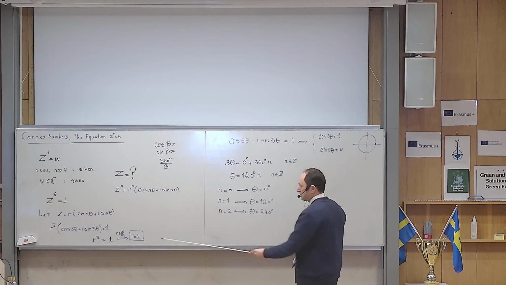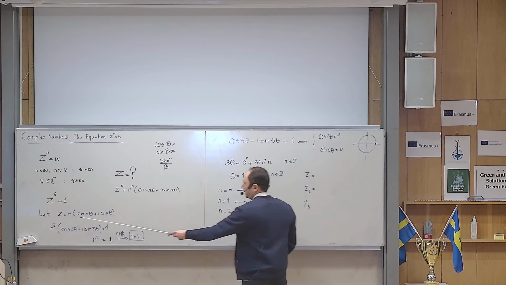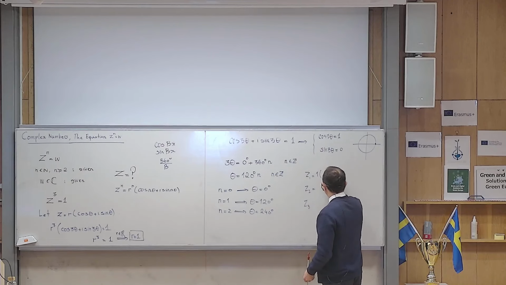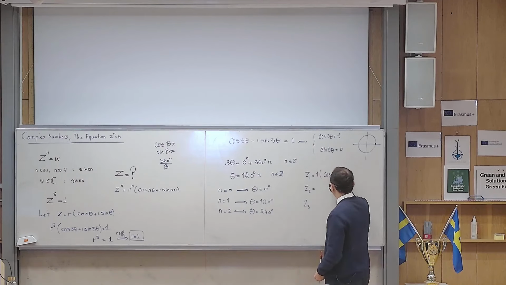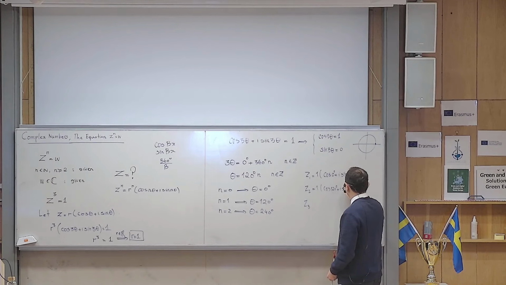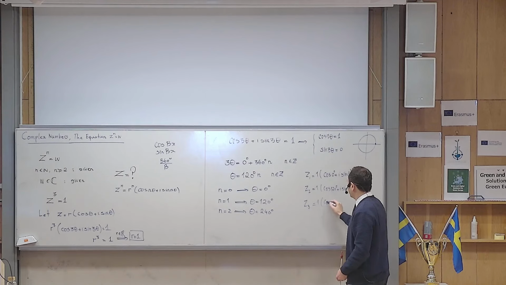In all cases, r is 1, so in all cases I put 1 here. But for the first one, I write 0 degrees. For the second one, I put 120 degrees. And for the last one, I put 240 degrees.